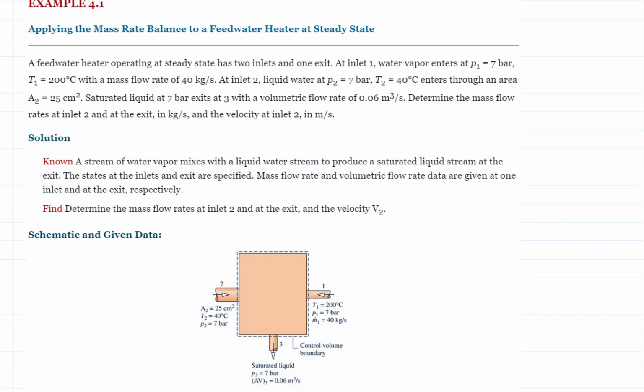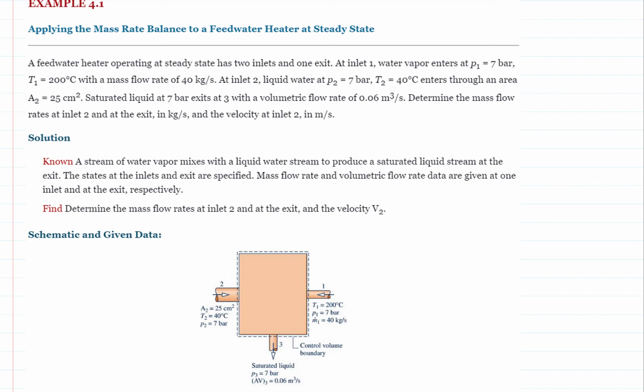Example 4.1. A feed water heater operating at steady state has 2 inlets and 1 exit. At inlet 1, water vapor enters at pressure 7 bar and temperature 200 degrees Celsius with a mass flow rate of 40 kg per second.